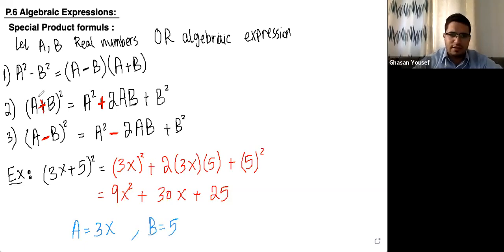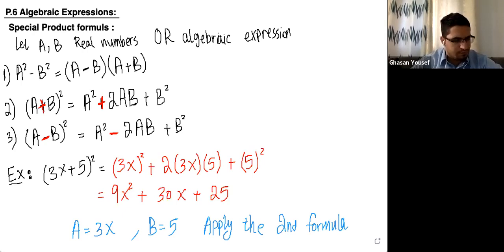Then I apply the second formula. Okay, any question for this one?